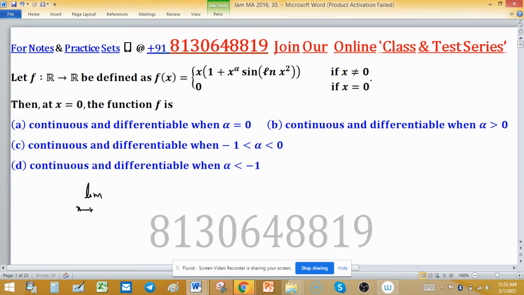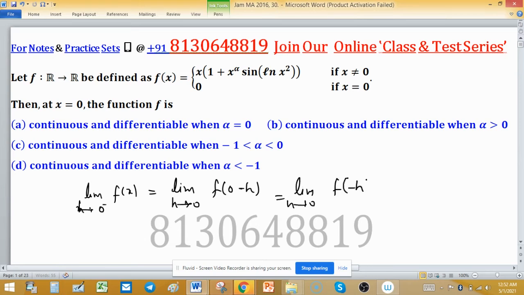So I'm going to directly check differentiability at 0, but you can check continuity of the function as the limit h tends to 0 negative f of x, which is equal to the limit h tends to 0 f of 0 minus h, and 0 minus h is nothing but the limit h tends to 0 f of minus h. Because the function is defined for x not equal to 0, it will be minus h times the bracket 1 plus x raised to the power alpha sine of ln x square, with h involved.